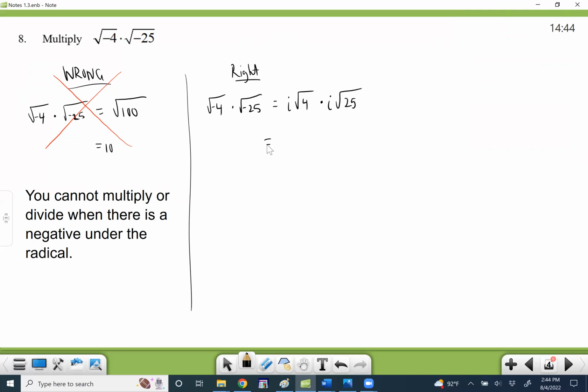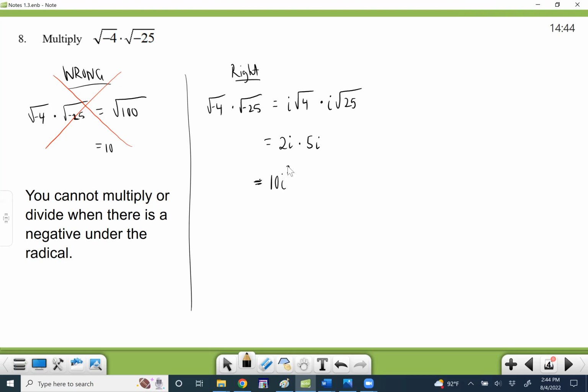So the square root of 4 is 2, so this will become 2i. And then the square root of 25 is 5, so this would be 5i. So when I multiply those together, 2 times 5 is 10, and i times i is i squared.